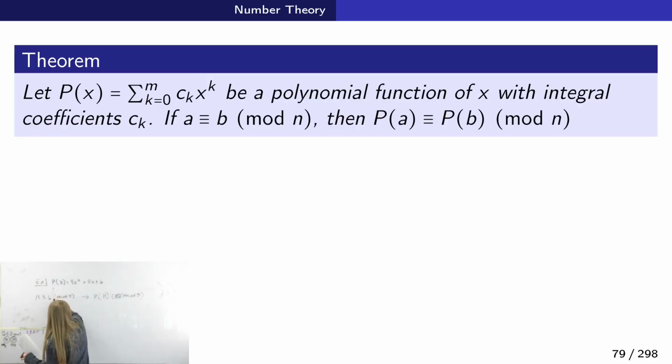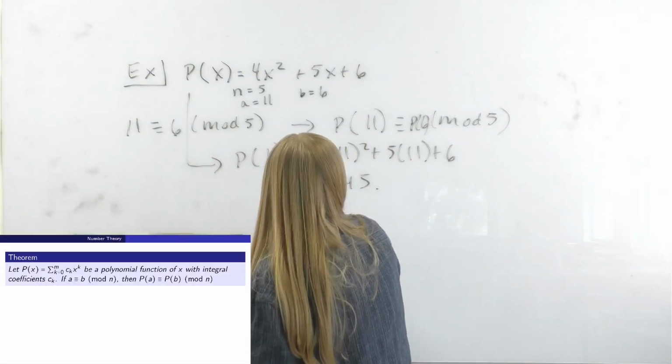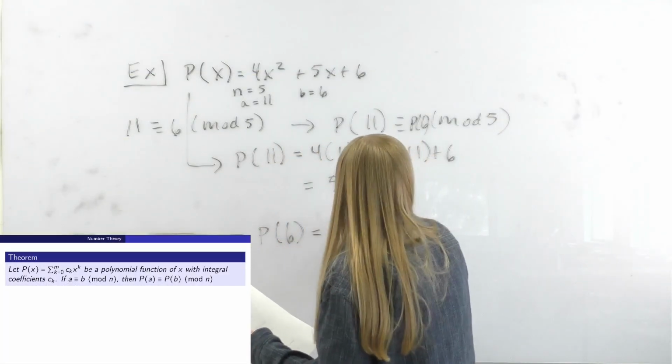And just to illustrate this, we can plug in p of 11 here. So here we're going to take n to be 5, a to be 11, and b to be 6. So p of 11 is 4 times 11 squared plus 5 times 11 plus 6. I plugged this into a calculator, and I got 545. Hopefully that's still okay. And p of 6 here is 180.